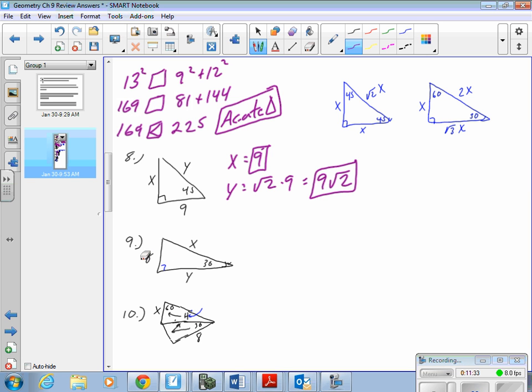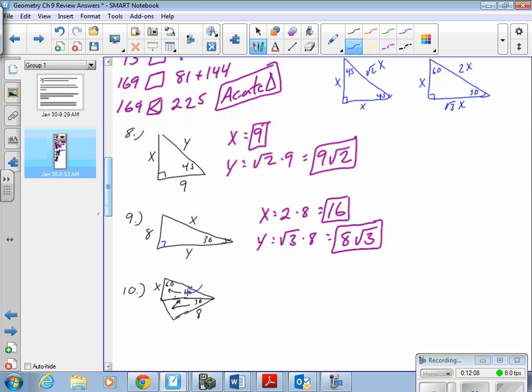So in this case, our short leg is 8, x represents the hypotenuse, and the hypotenuse should be 2 times the short leg, so that's going to be 2 times 8, or 16 for x. And then the y, being the long leg, should be the square root of 3 times the short leg, or square root of 3 times 8. Rewrite it as 8 square root of 3. And that's all there is to that one.